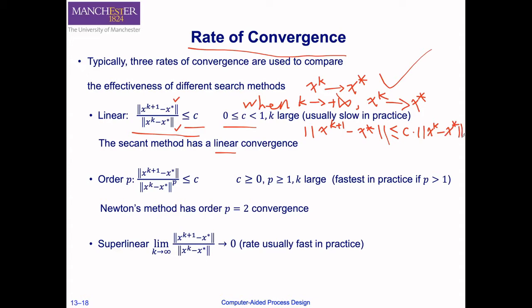That means the error at iteration k plus 1 is bounded by c times the error at iteration k. If c is equal to 0.1, then the error is reduced by a factor of 10 at each iteration. This constant c is called the convergence ratio.